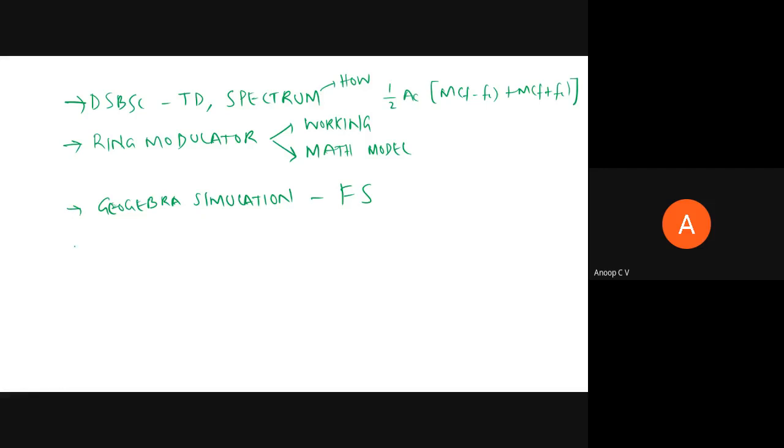Then after that we have seen what coherent detection is. The basic idea of coherent detection we have seen. In the next session, which will be an offline session, I will discuss some of the issues with coherent detection, that is the quadrature null effect, and how suppressing the carrier affects the complexity of the modulator and demodulator.